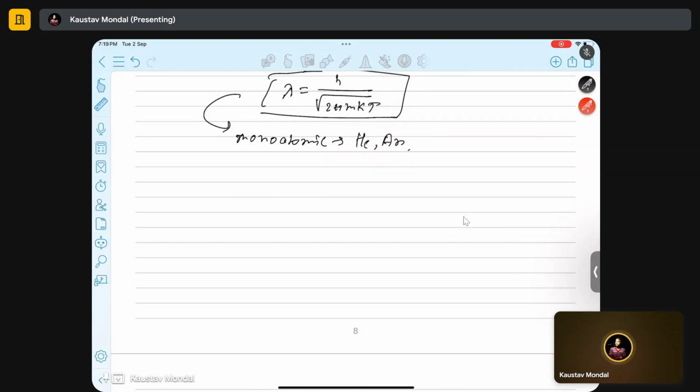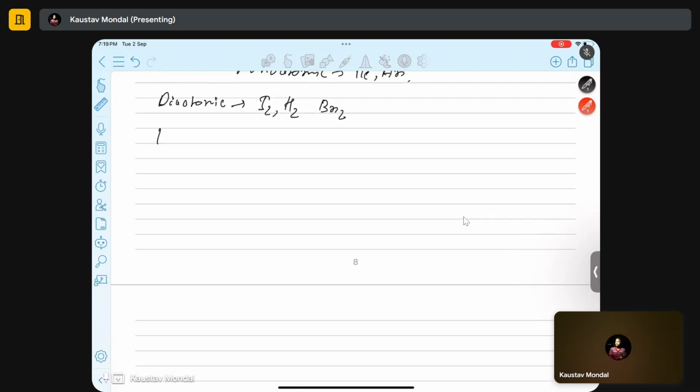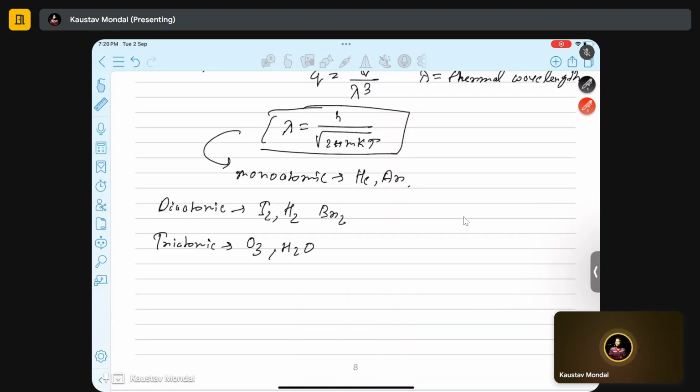But let's suppose diatomic molecules, like iodine or H2 or bromine, or triatomic or multiatomic, whatever, where more than one atom is involved in the molecule. In that case we have to consider the rotation of the system, right?